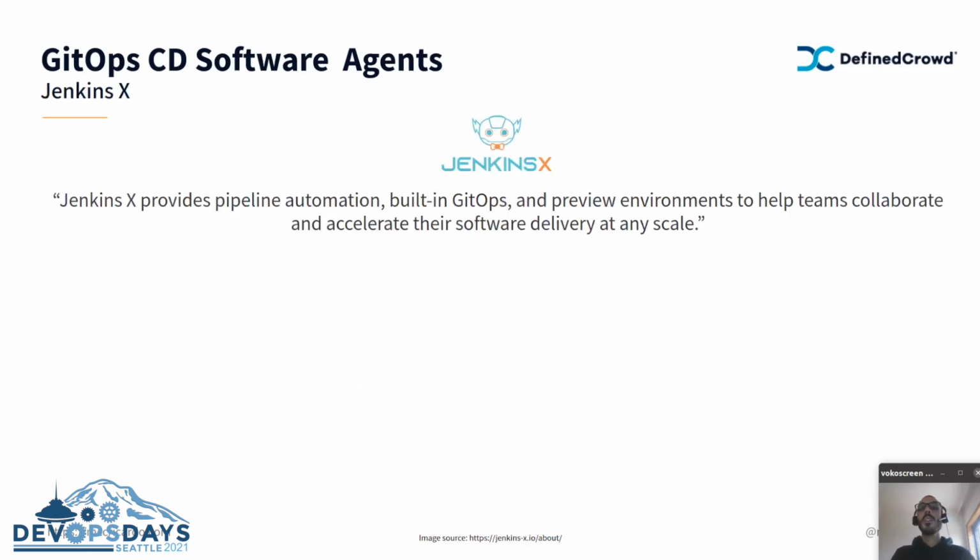And last but not least, we have Jenkins. Jenkins has been having a bad rep for several years now, and many people say that Jenkins was not built with cloud native in mind, and Jenkins X is a very good effort on that front. The idea is to evolve Jenkins with a GitOps mindset, to help teams collaborate and accelerate their software delivery at any scale.